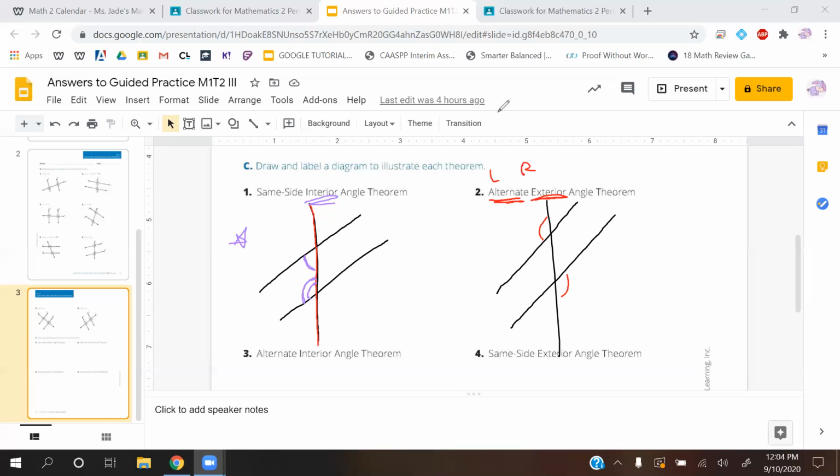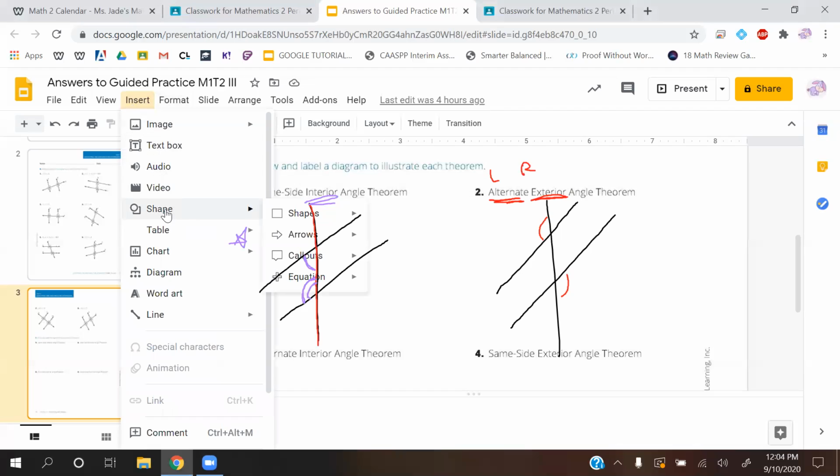Okay, and then for how are you able to draw on it? I'm drawing on Zoom, so I'm not actually drawing on the document, which is why I really hope you guys can just write on your book, the physical book that you got from the school, because that's going to be a lot easier for you than drawing on here. As far as drawing on it, you could insert line.